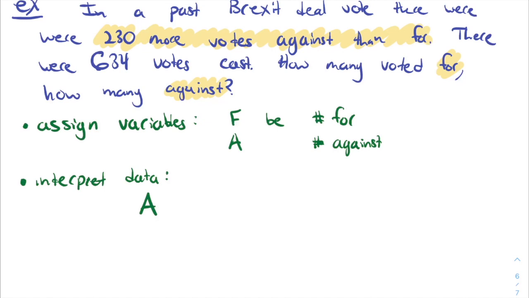So A is the bigger one, and if we took away all the for, we'd still be left with 230 votes. We're also told that 634 votes in total were cast. As an equation, that means all of the against and all of the for came to a total of 634.